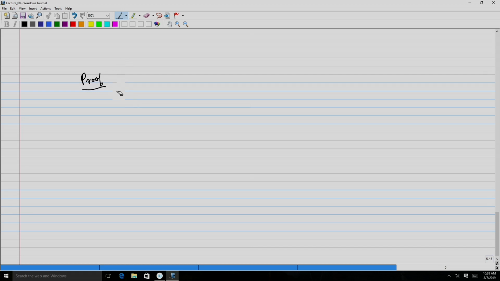So, for the proof we can consider two cases. Suppose sigma 1 square is less than or equal to sigma 2 square.